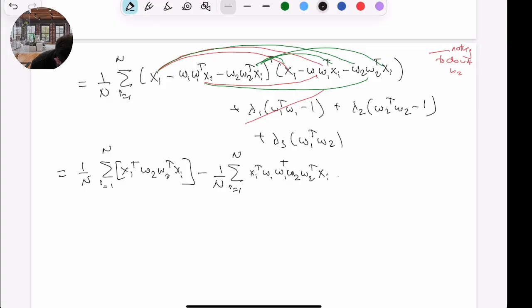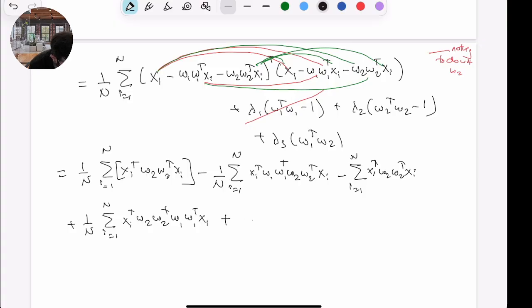The next one, I go minus here. It goes to this one. Minus summation i equals 1 to n, x of i transpose W2, W2 transpose x of i. Perfect. This one goes to, again, plus 1 over n, summation i equals 1 to n, x of i transpose W2, W2 transpose W1, W1 transpose x of i, and again, another plus here, 1 over n.